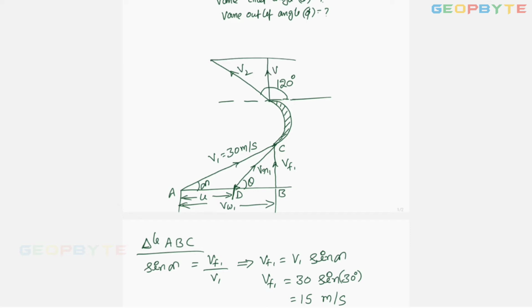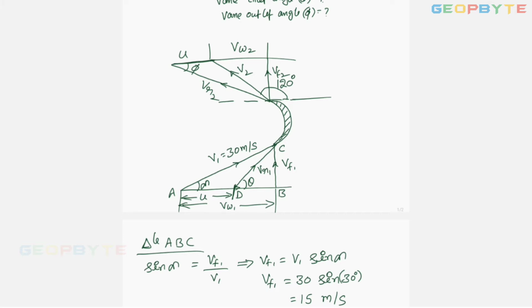This is the Vf2 and this is the Vw2, and this may be the blade speed u, and this is the relative velocity at outlet Vr2. This is the blade exit angle phi.